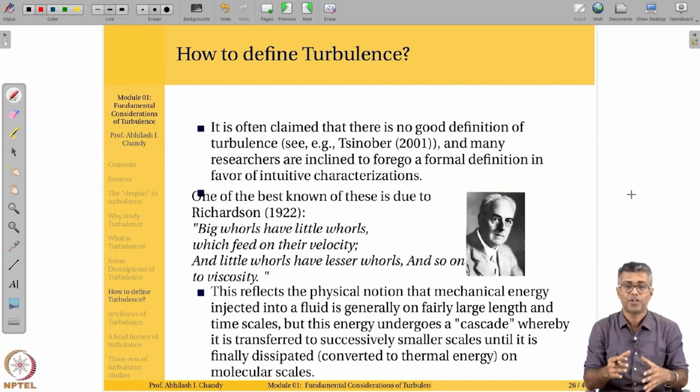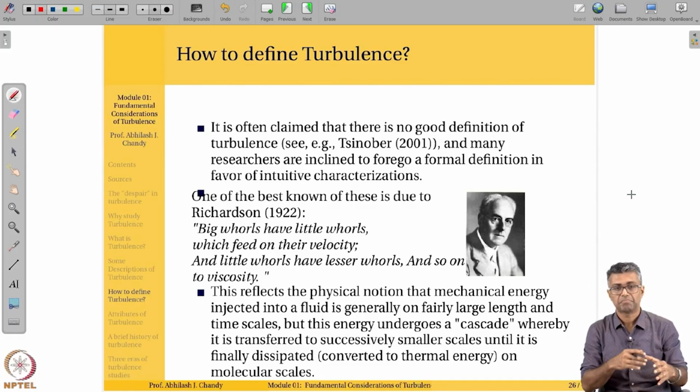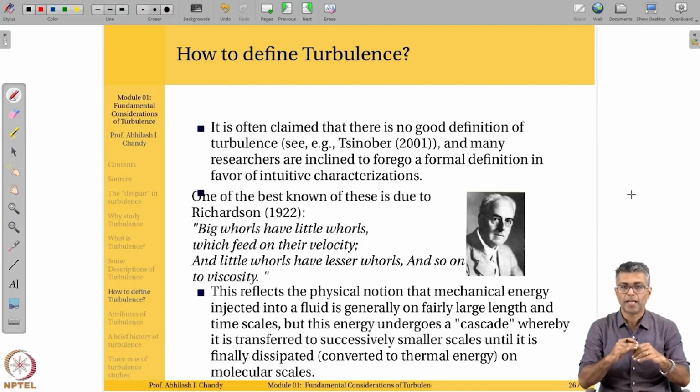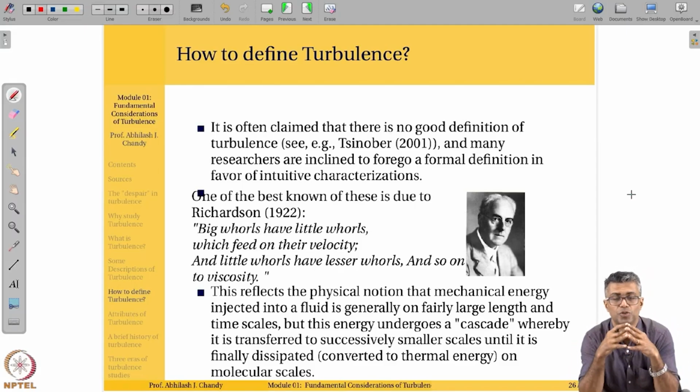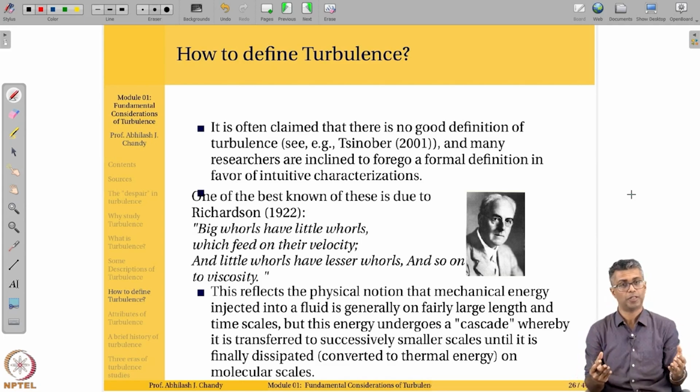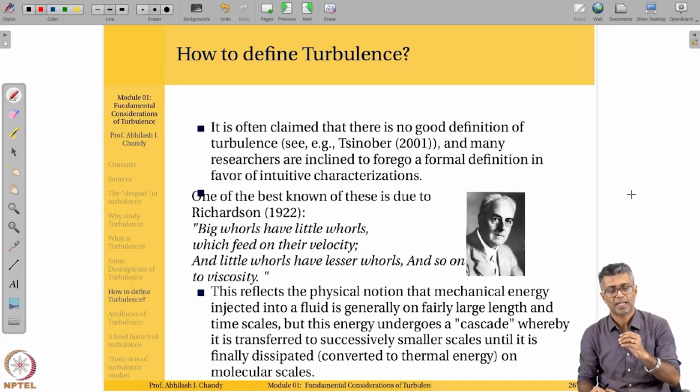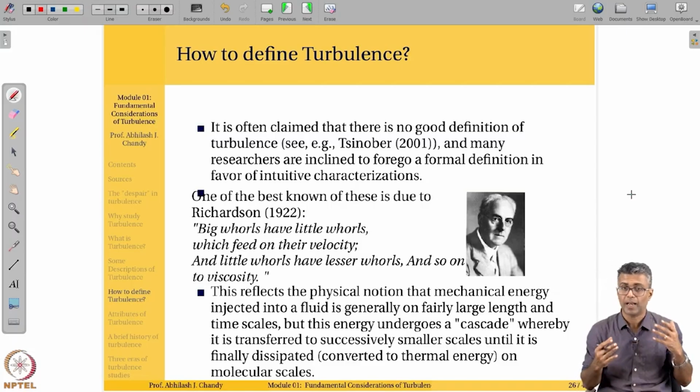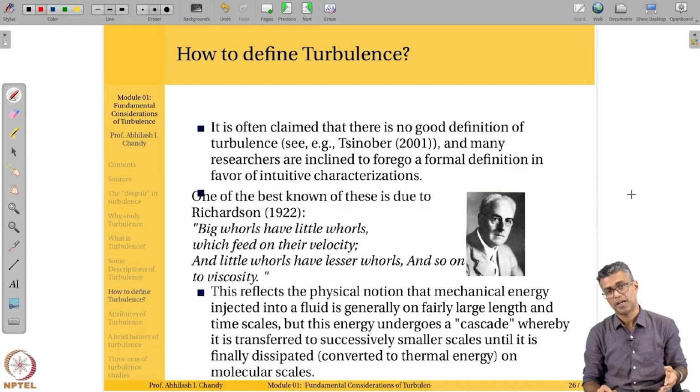There's no good definition of turbulence. And at this point, maybe there is no formal definition of turbulence like you have for a lot of other phenomena that you see out there. This is again pointing towards the fact that it really is one of the last unsolved problems in classical physics.